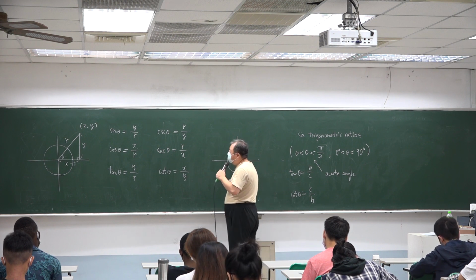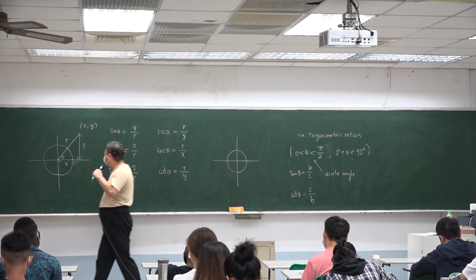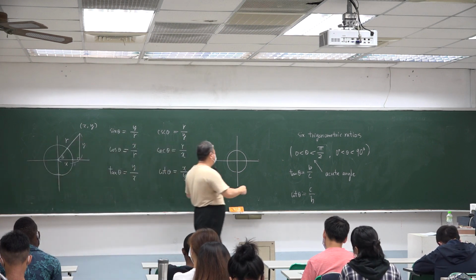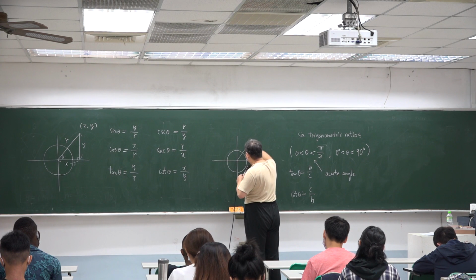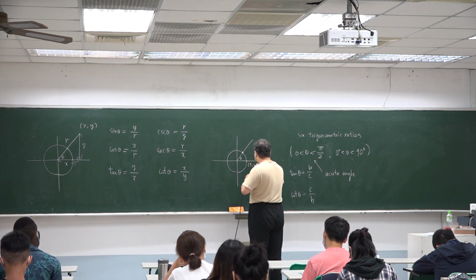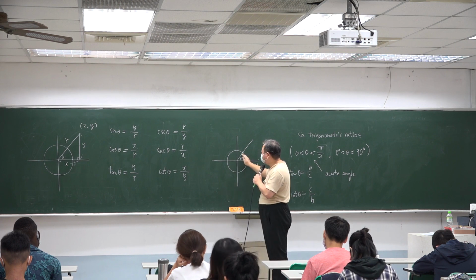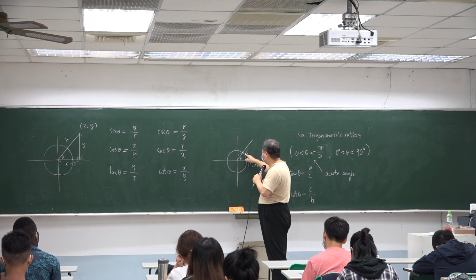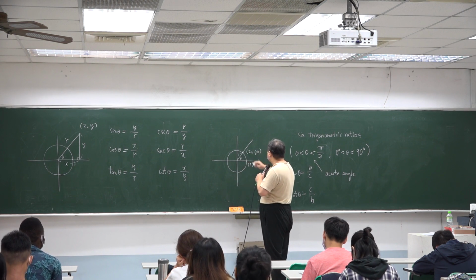Wait a minute. Suppose this is a unit circle. Same theta. Then this time, the radius is 1. And suppose the coordinates of this point are x naught, y naught.